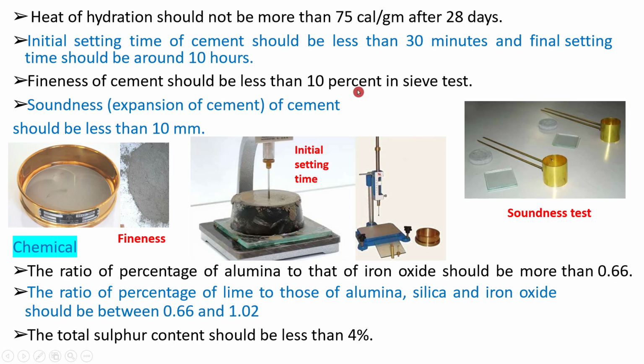So that's what this 10 percentage sieve is. Only up to 10 percentage can remain on this mould. That means only 10 percent is coarser compared to the total material. So that's about the fineness of cement.